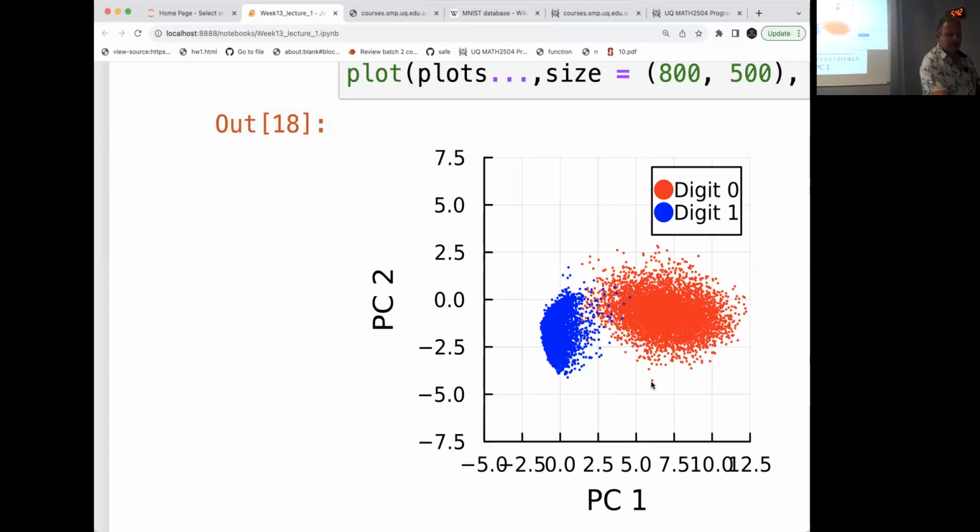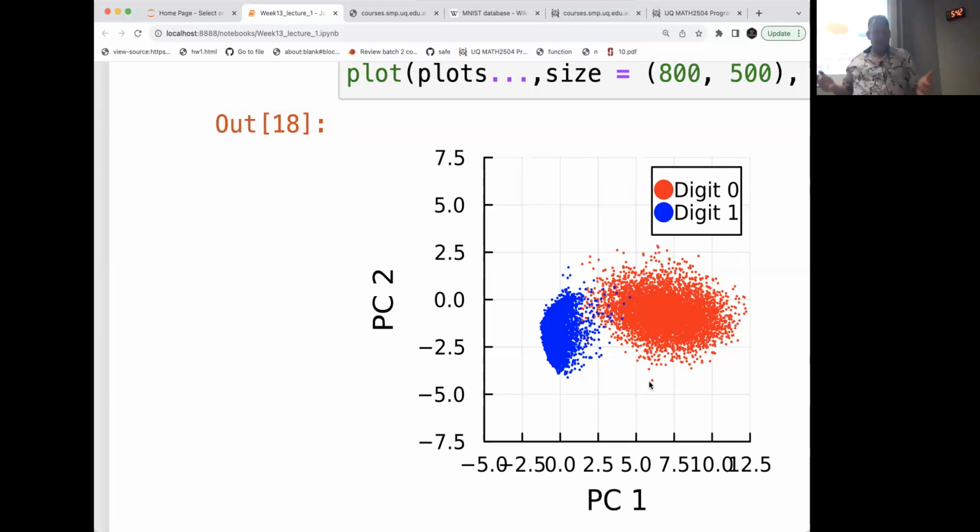But still, if we'd like to describe that image in the language of this linear transformation from 784 dimensions to 2 dimensions, it has principal component 1 being this, and principal component 2 being about -3 here. Those principal components on their own don't mean anything.